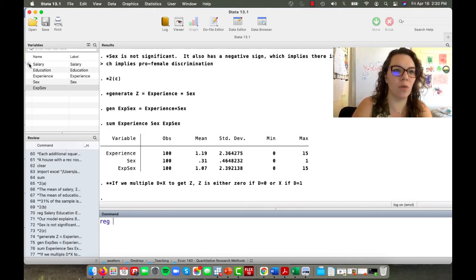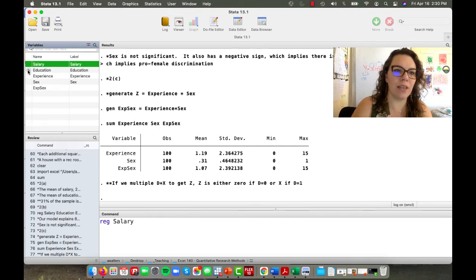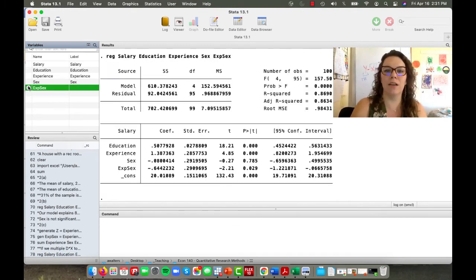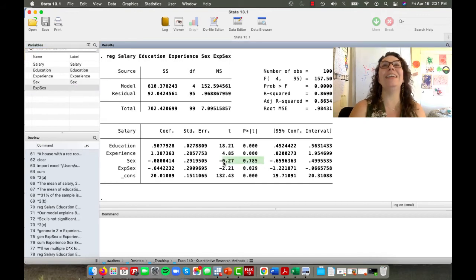change? So we want to use salary, we want to use X1 education, X2 experience, D1 sex, and Z1 experience times sex. And the first thing we see is that while sex is even less significant now, experience times sex is significant at the 5% level.